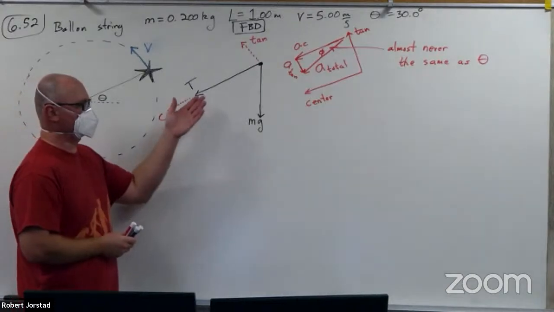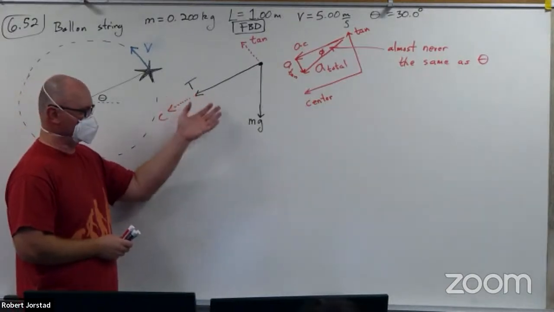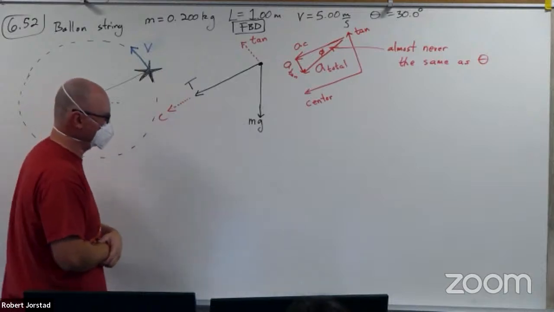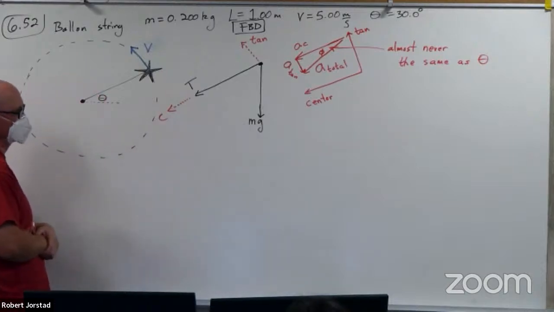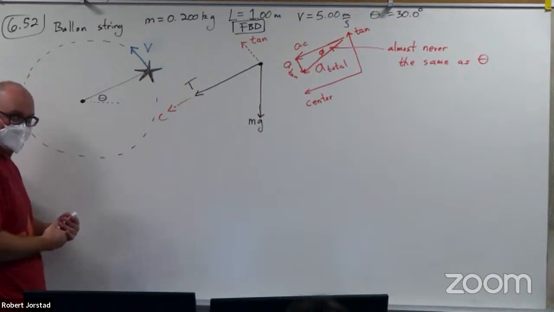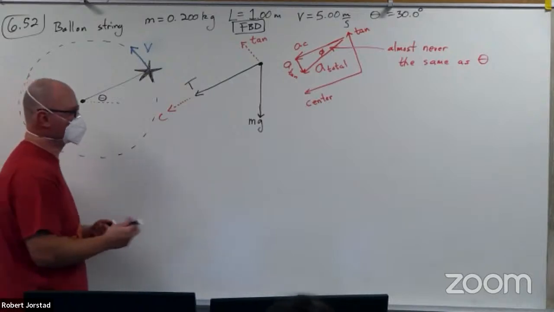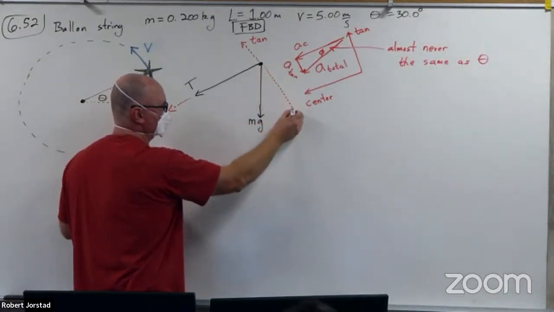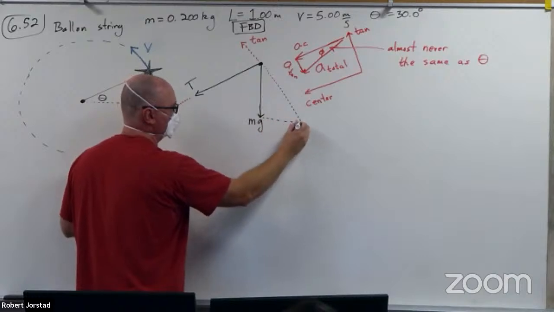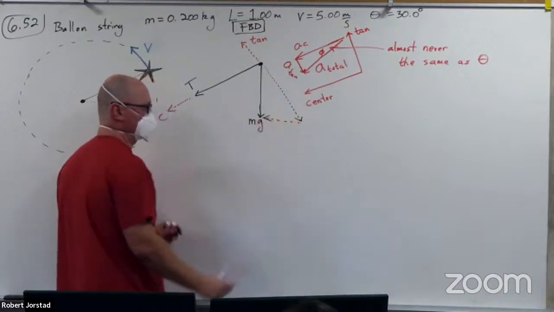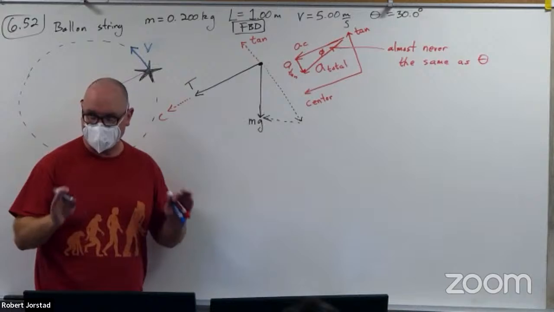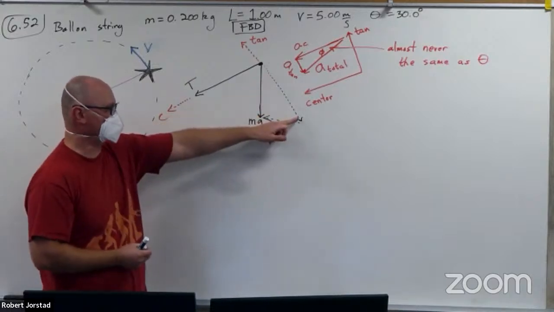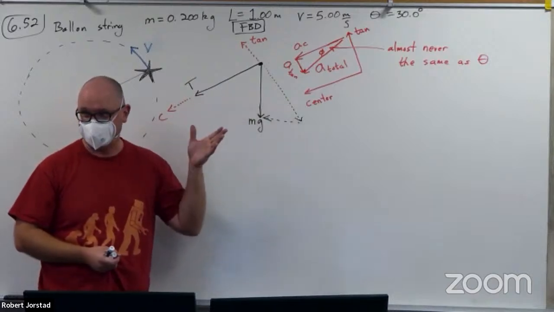Which force vector needs to be split into components before I write the force equation? Which force vector needs to be split up? mg. Watch what I do and tell me if it's right or wrong. Is that good or bad? Bad. Let me ask you, should a component be longer than the vector itself?